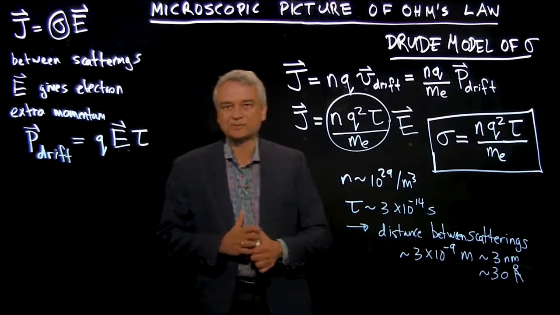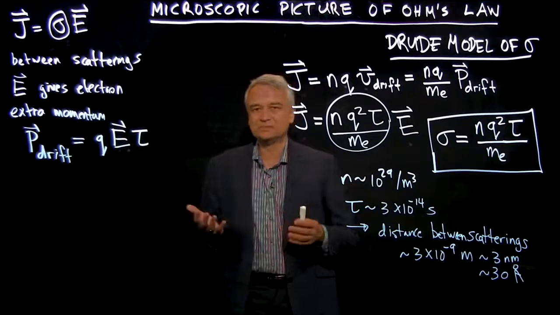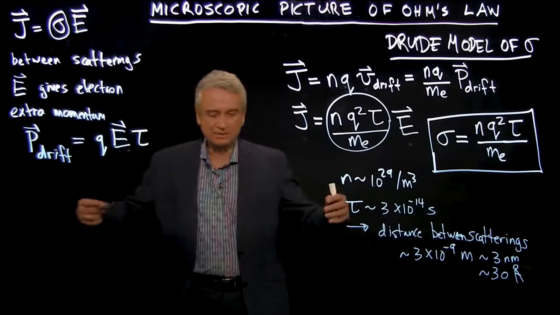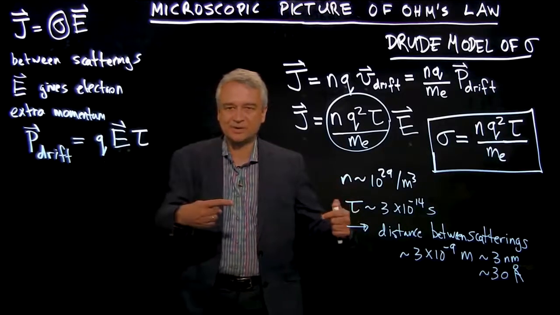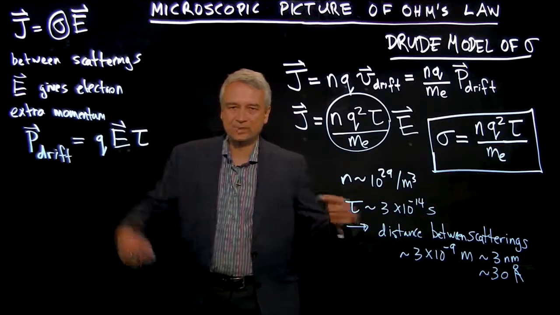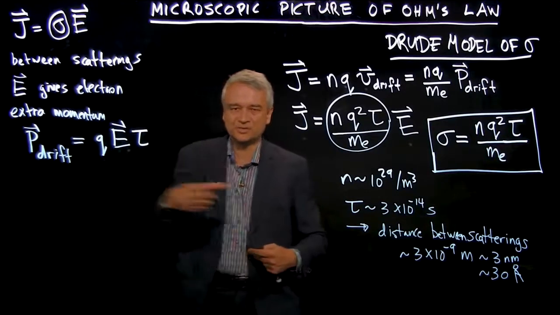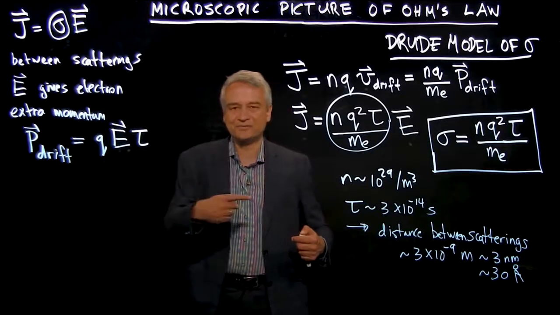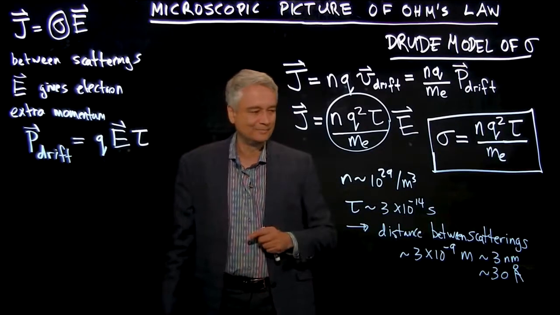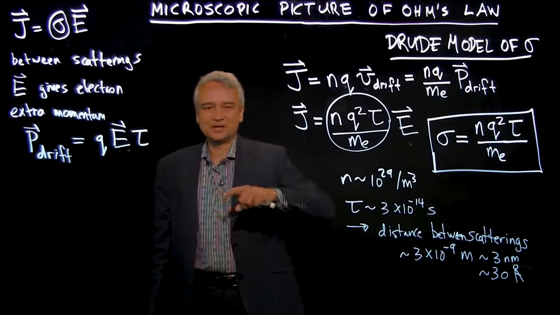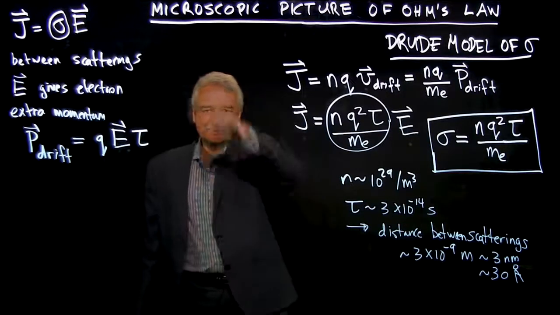So what we've learned, our microscopic picture of Ohm's law is now complete. What's happening in copper, if I have a copper wire, and I've got a battery which is driving a current through it, there's an electric field pointing this way, which is pushing the electrons through the copper wire. And those electrons have an average drift velocity, which is tiny. Where does that drift velocity come from? Well, it comes from these electrons, which are whizzing around at very, very high speed.